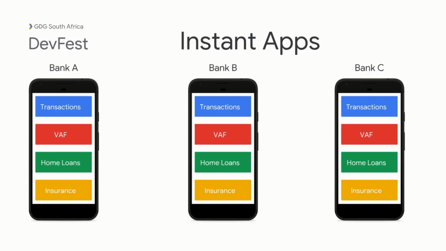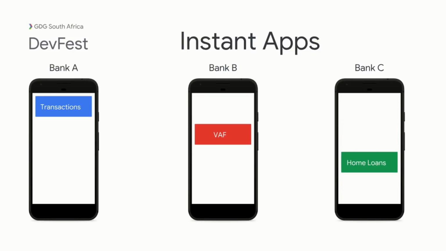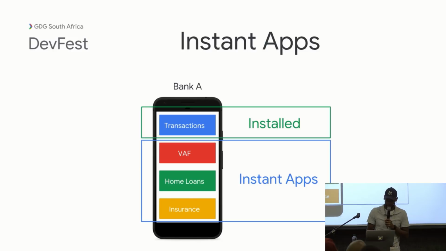Right? So in that instance, this is what you would be looking for, right? All these. So as I had explained, you'd have your different features, but some of them as instant applications. So an instant application in this case would be this.